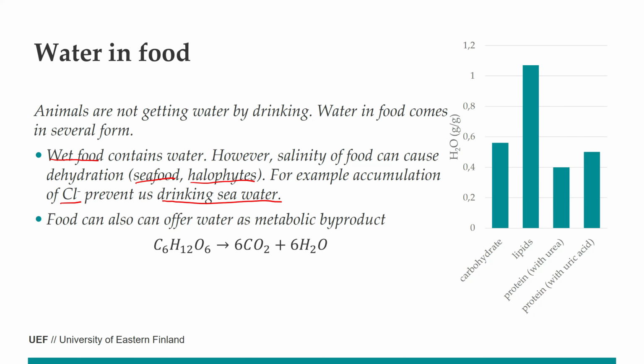But also in the food, we have metabolic byproducts. So we can get metabolic water as a product, and it comes in quite high numbers. When we are eating mainly lipids, for each gram of lipid we are getting 1 gram of water.